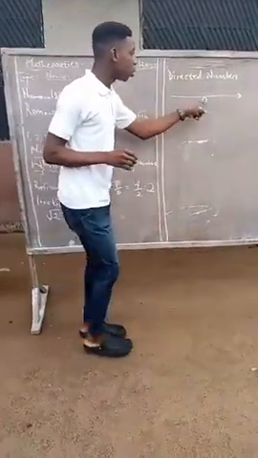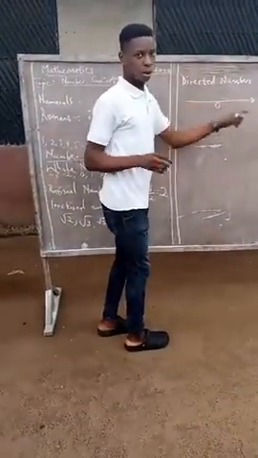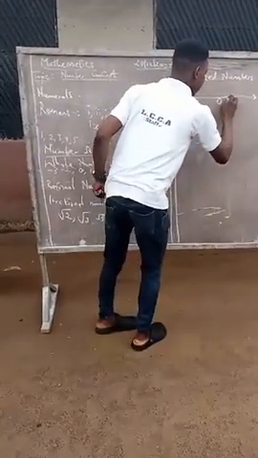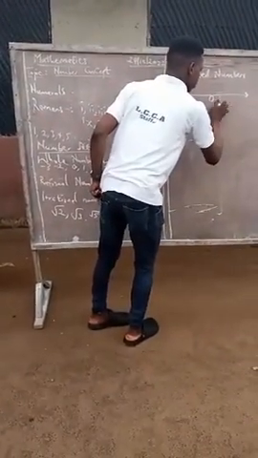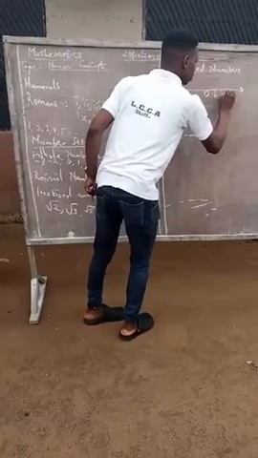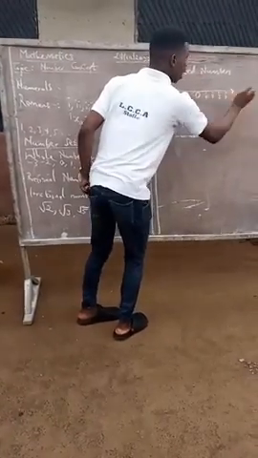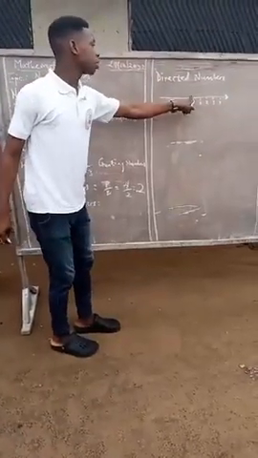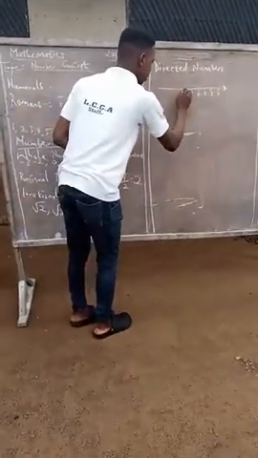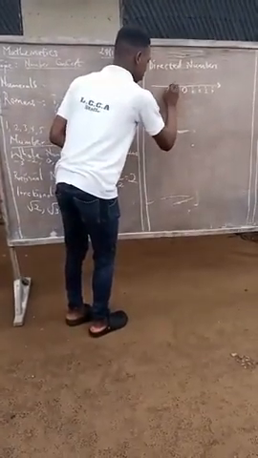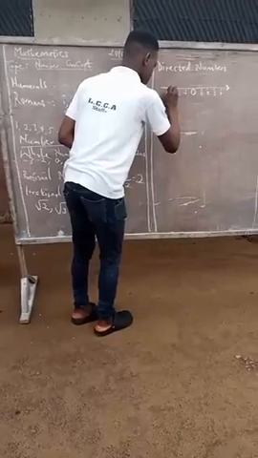From the origin rightwards, we have the positive numbers 1, 2, 3, 4, and so forth. And from the origin leftwards, we have the negative numbers -1, -2, -3, -4.